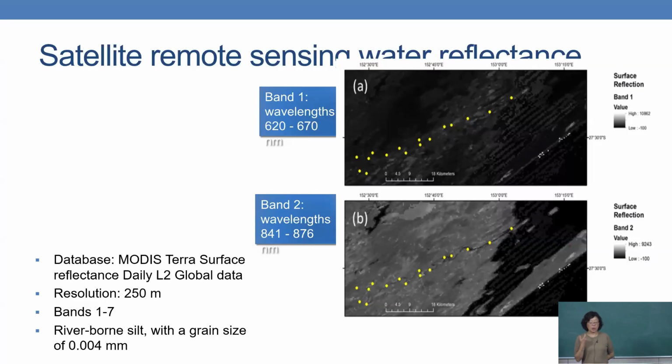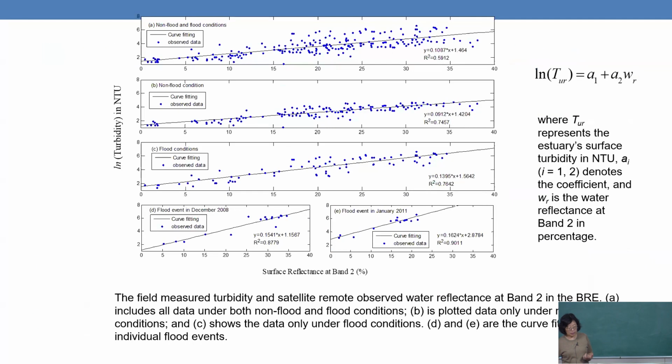But now there is a lot of available satellite information. So we tried to extract the satellite information and correlate that with the concentration. That's what we have done. We extract that information and combine it with the existing measurement data, and then we get a data-driven type of model.